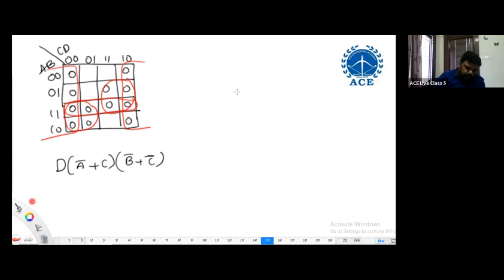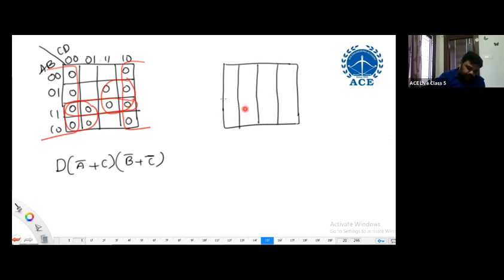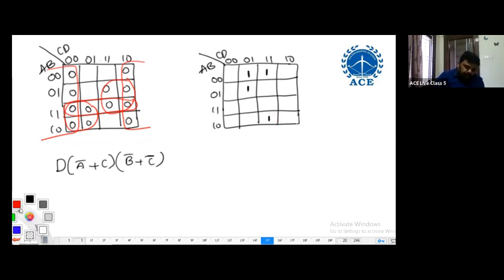Similarly, use K-map to find minimal expression SOP for same function. I'm writing minterms. Groupings, if you are observing, 1, 2, and 3. Again, these two are essential.